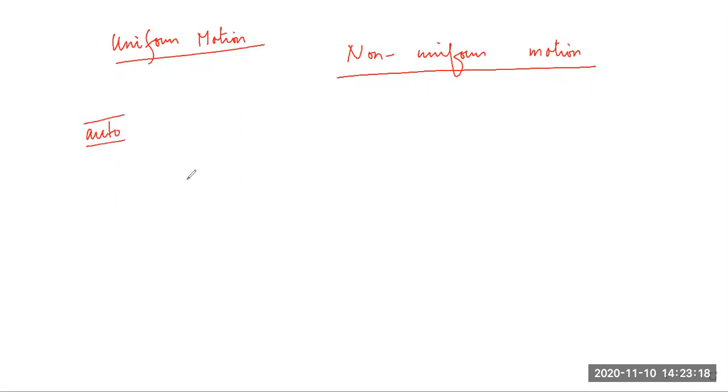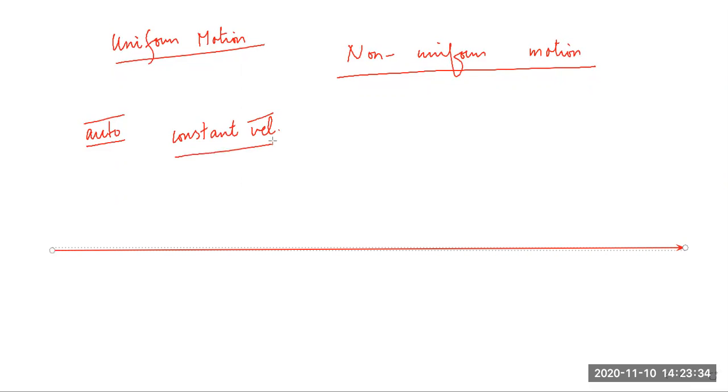The auto is moving with a constant velocity, let's say. Now, when I use velocity, that definitely tells that the auto is moving in a straight line because velocity is a vector, right?